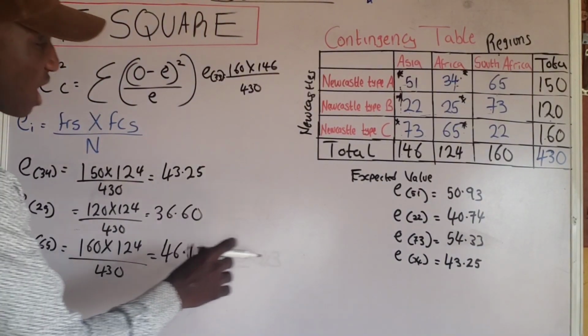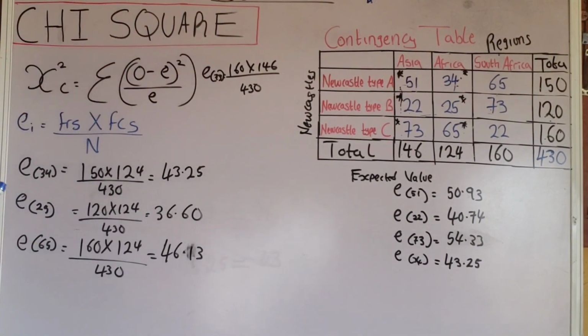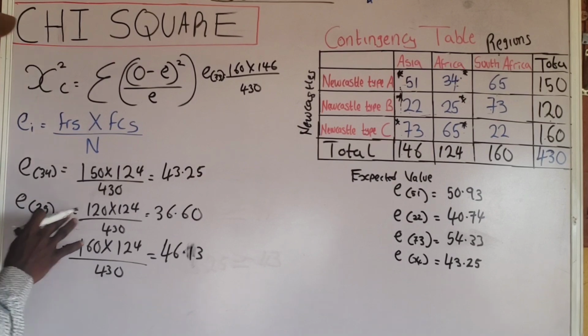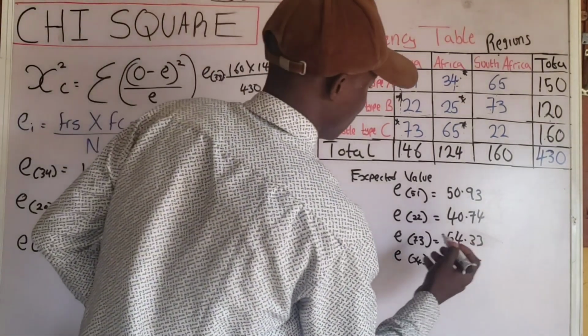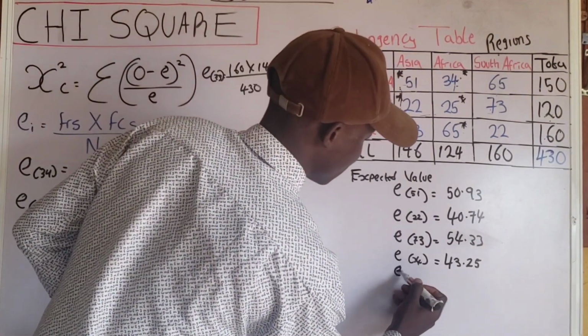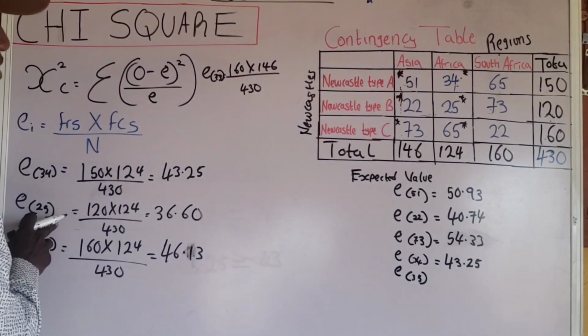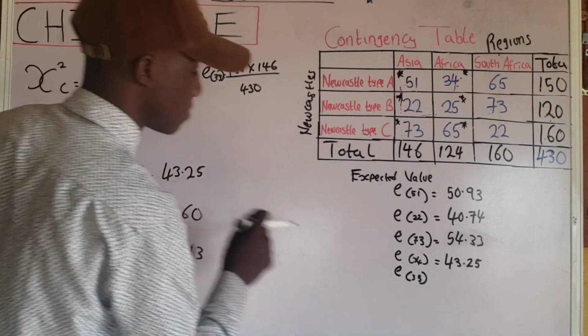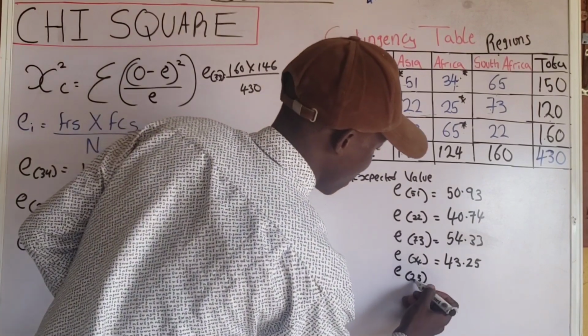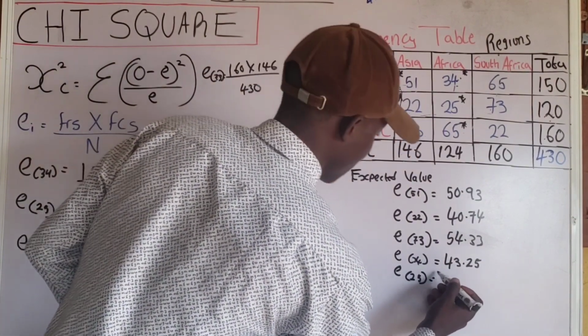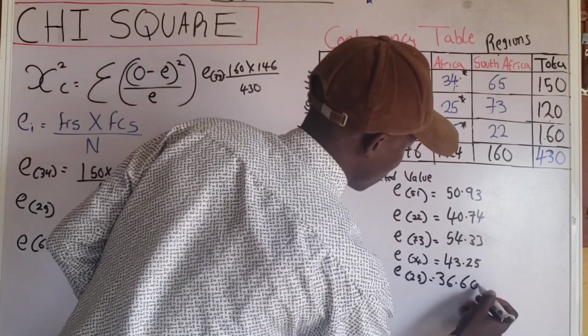Now, so we have for 34, it is 43.25, and then for 25, it is 36.60.